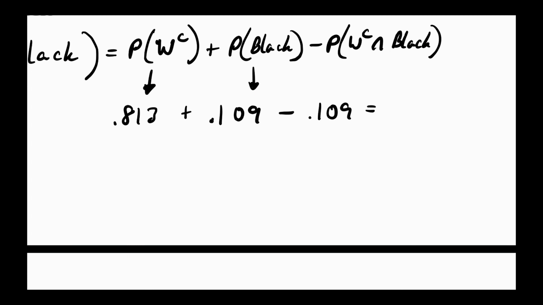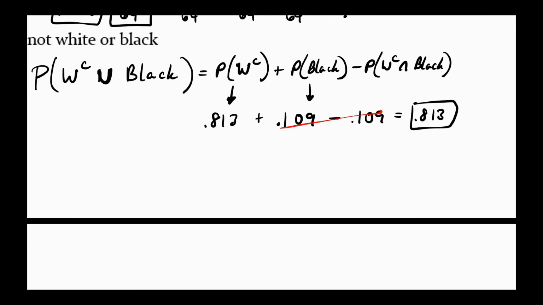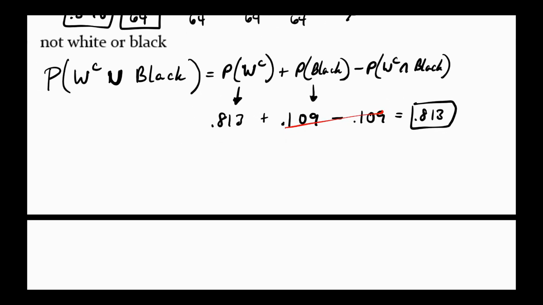So these two guys just cancel each other out. So instead of saying not white or black, they could have just said not white. So it's the chance of not getting a white and not getting a black. No, the chance of not getting a white or getting a black. That's the probability I found.